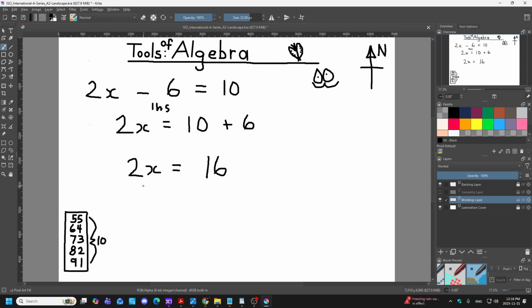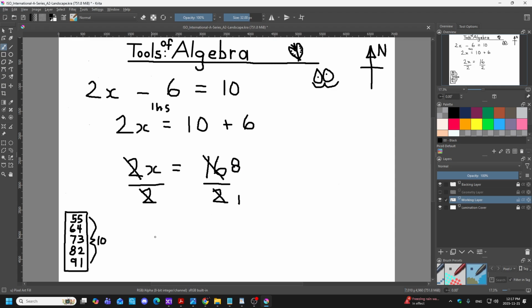We'll just keep it simple. We need to get rid of the 2. So what we do on the left-hand side, we also need to do on the right-hand side. Therefore, we're left with, let me cancel this, I'm going to go like this and like this.